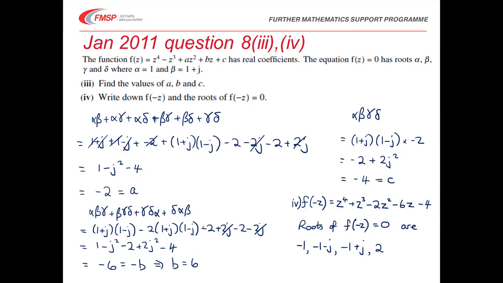For part 3, there are method marks. Basically 2 method marks for the root relationships attempted.